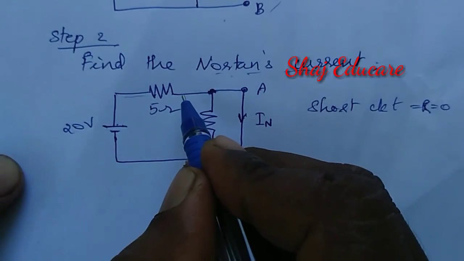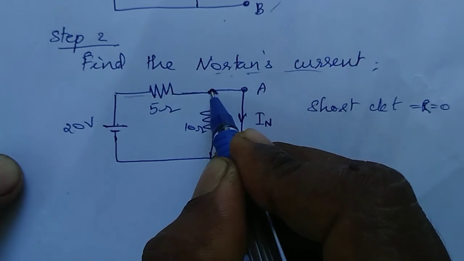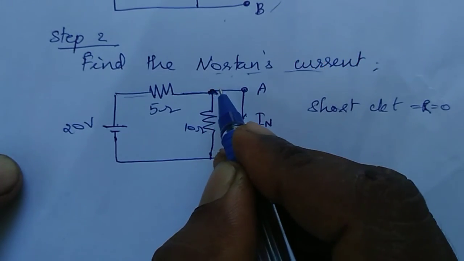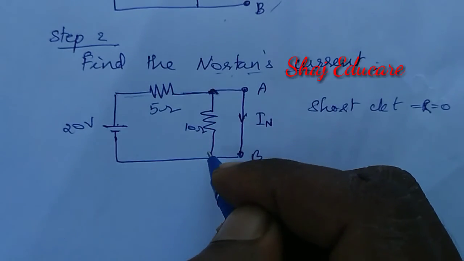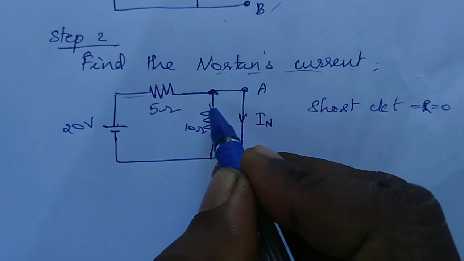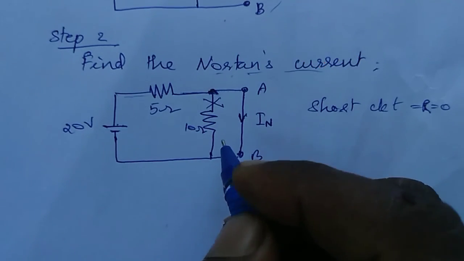Means upon reaching node 1, the current will have a tendency to flow, a portion through this region or through this region, but the entire current flows through A and B. There will not be any current flow through the 10 ohm resistance. Why?